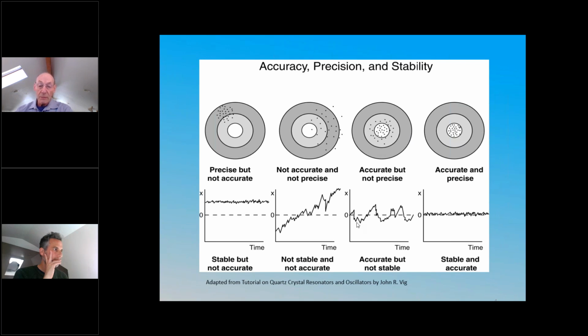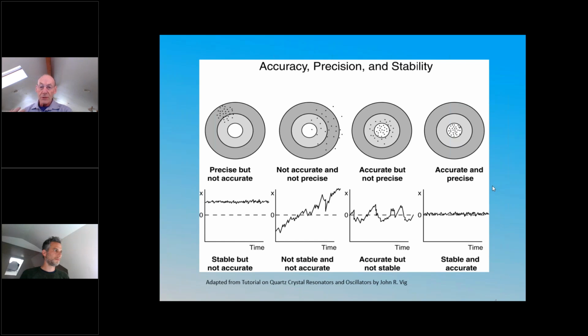And if you look at the plot below that, that's what time measurements look like that are accurate but not stable. They move around a lot, but in the long-term average, they average to 0. And of course, accurate and stable means that there's not much noise, and they average to 0. The other thing to always keep in mind is when you measure a clock, you always measure it against another clock.